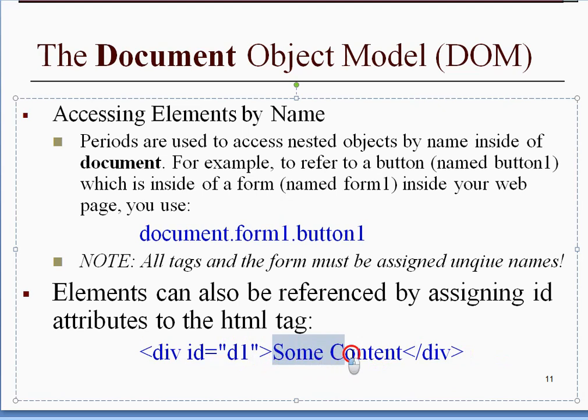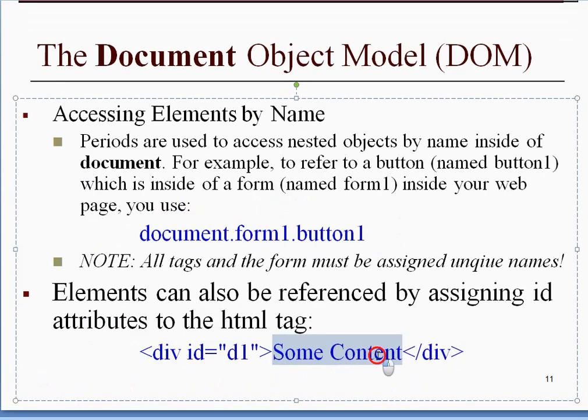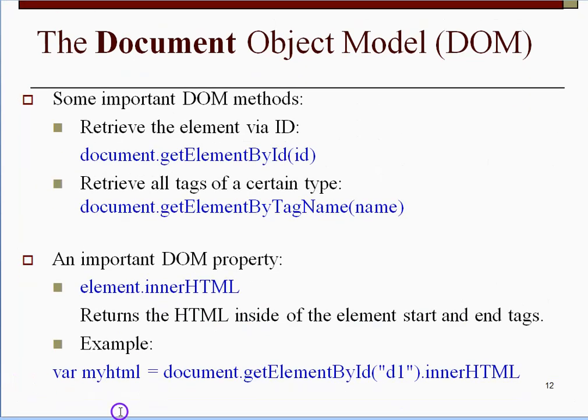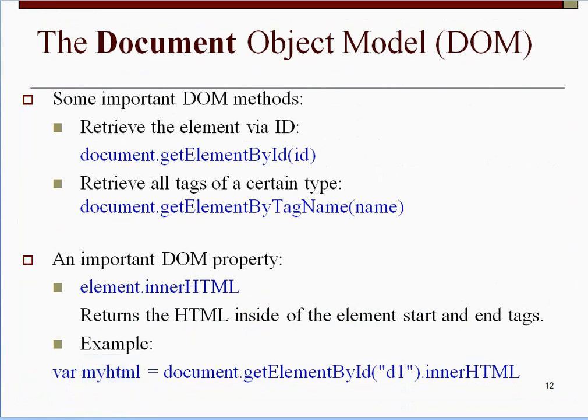The innerHTML will be this: anything that is contained between the opening and closing HTML tags. So if this was in fact the div with the ID D1 in the document, then this would refer to this. So the string some content would then be the value of the variable myHTML.